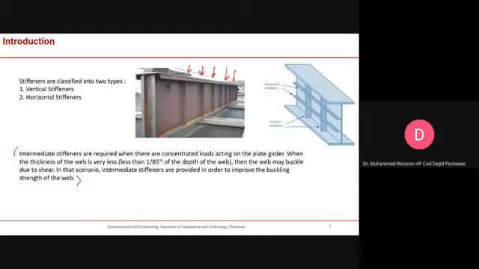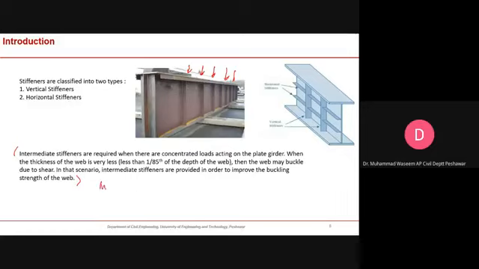When the thickness of the web is very small, the web may buckle due to shear. In that scenario, you also have to provide the intermediate stiffeners in order to enhance the flexure capacity.